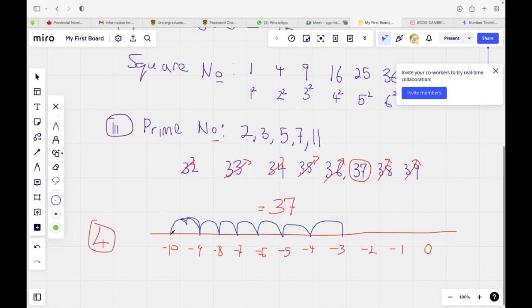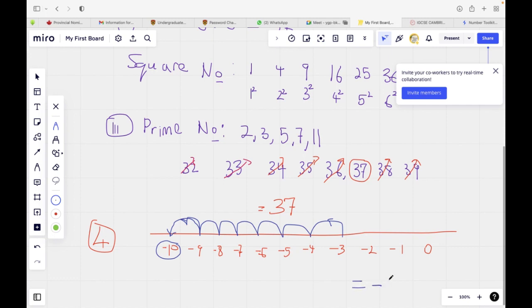I'll put an arrow to show that it's going from the right to the left. If you like, you can just put in your first and last one. So we see the answer is -10.